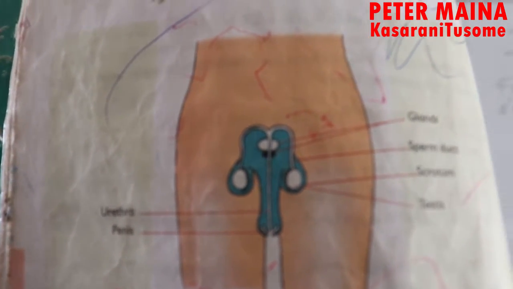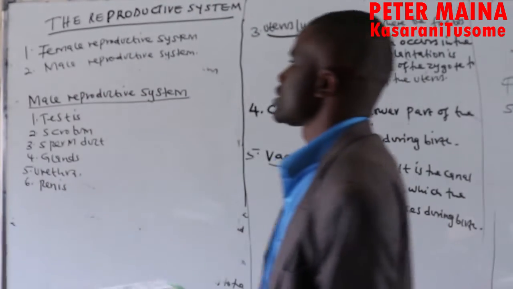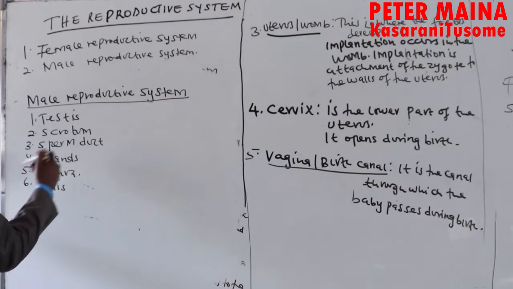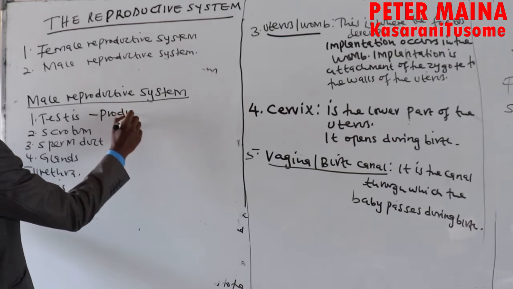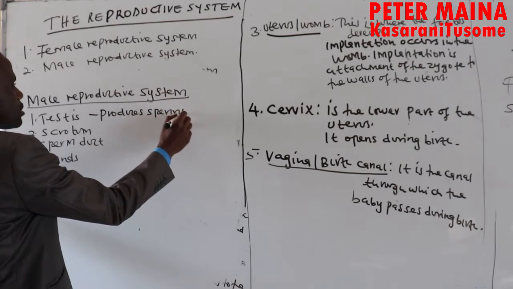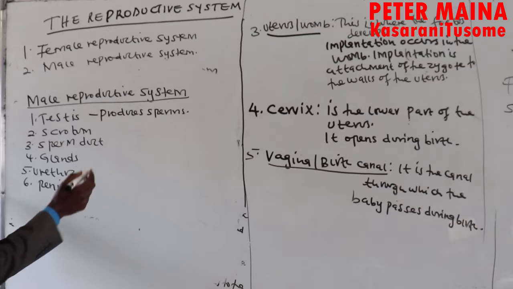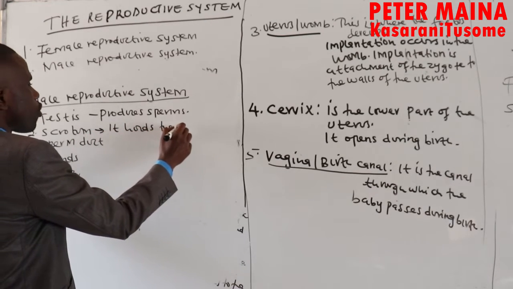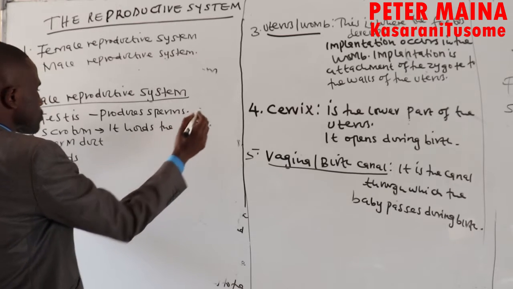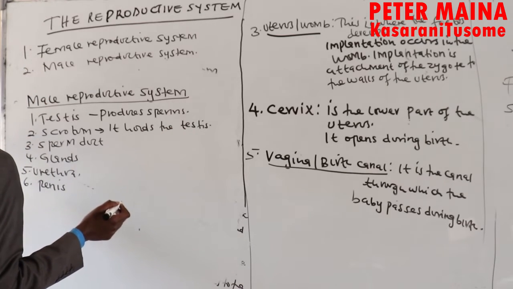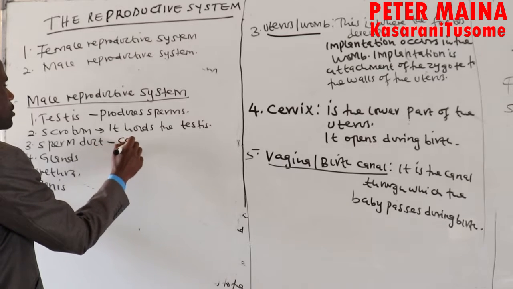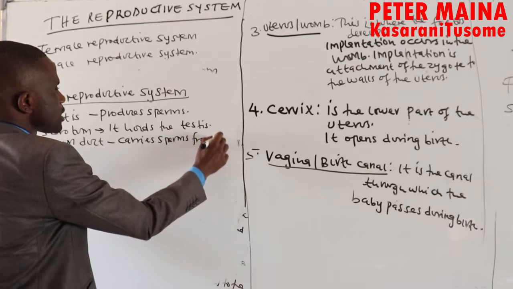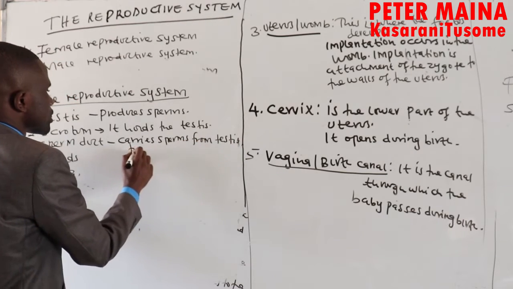So we are going to discuss each of them. We've talked about the testes, and we said testes produce sperms. Then the scrotum holds the testes. Then we have the sperm duct, which carries sperms from the testes to the urethra.